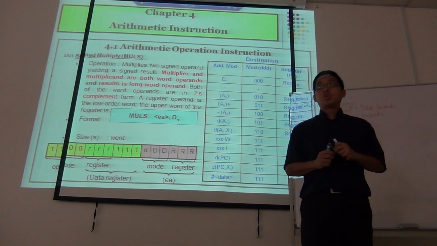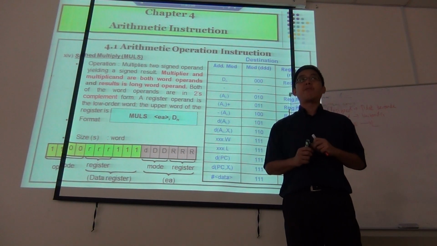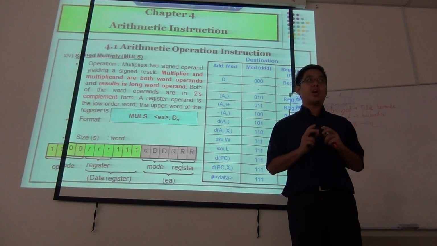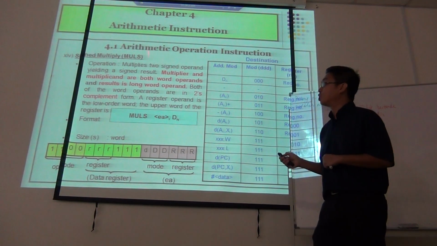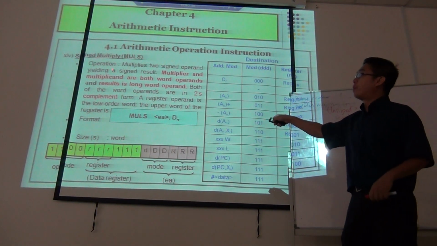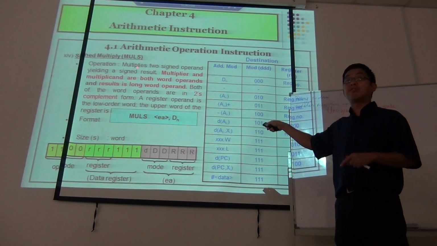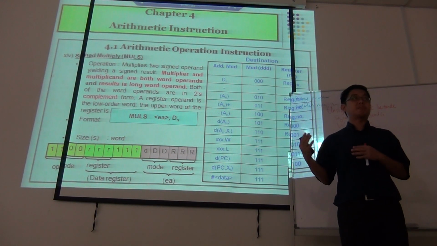But now, when you use multiply sign, you have to know from that particular word size whether it is a negative value or positive value. You have to know. Okay, let's try and run this one first. Operation multiplies two signed operands yielding a signed result. Positive times positive is positive.